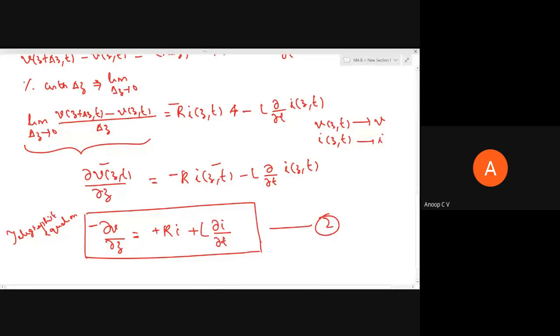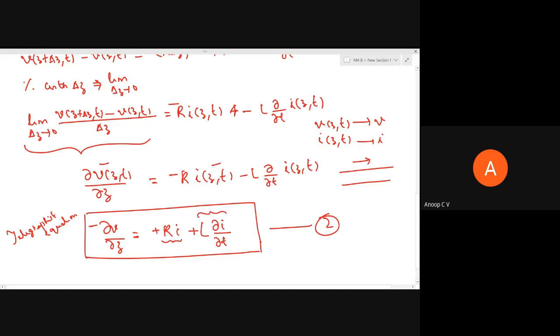So what is the significance of this ∂v/∂z? It is nothing but the voltage variation along z. There is a transmission line placed along the positive z axis. As I move along z, the rate of change of v with respect to z is attributed to ri, which is the drop across the resistor, plus L ∂i/∂t, which is the voltage developed across the inductor.